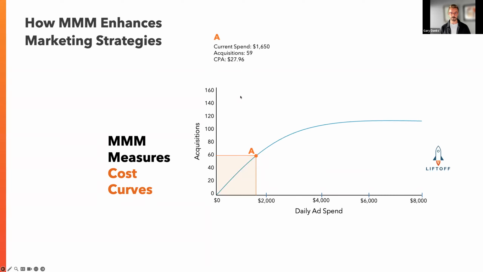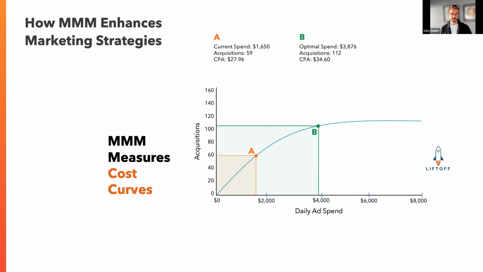So in this case, for example, the optimal spend is up here at B. So it's giving you an indication of the capacity for your brand, your app on that network, Liftoff in this case, for the platform that you're promoting, iOS, Android, or whatever it may be. So it's giving you the information to say to you, actually, you can go to approximately about $4,000 a day, and you will acquire about 112 acquisitions. The CPA goes up a little bit, but you're getting a lot more for your money. So you're basically getting a CPA of about $34.